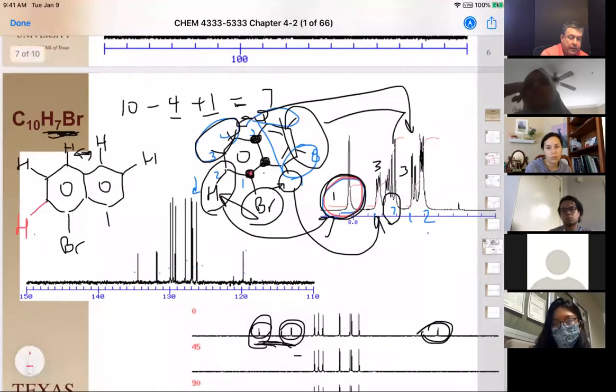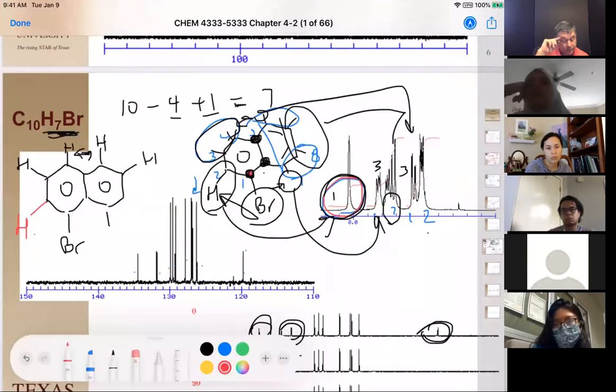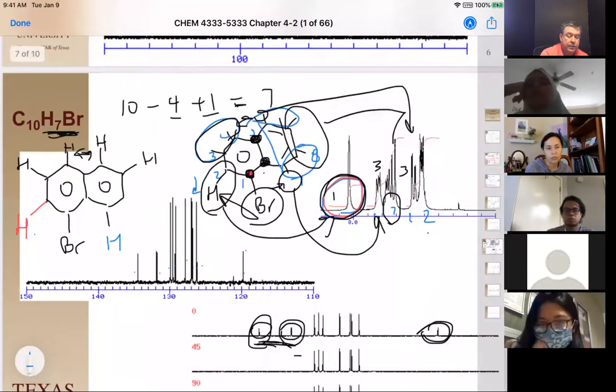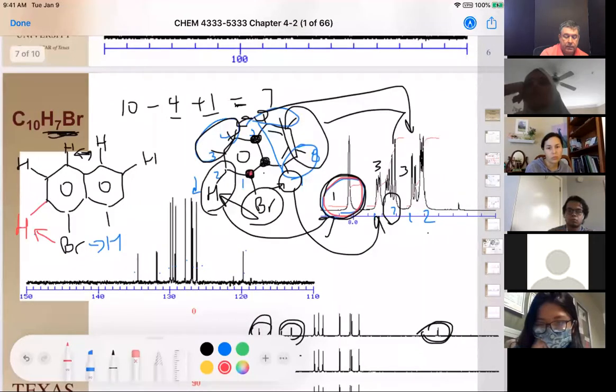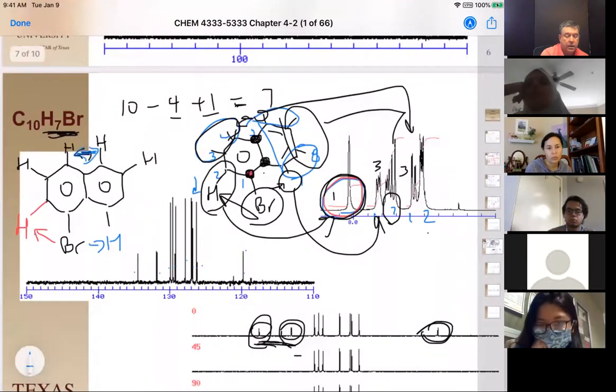So the hydrogen next to the bromine here has one interaction. The hydrogen with a through space interaction to the next bromine is a different hydrogen, right? So I think these two are different hydrogens. I think that these two hydrogens are going to be closer to the same.